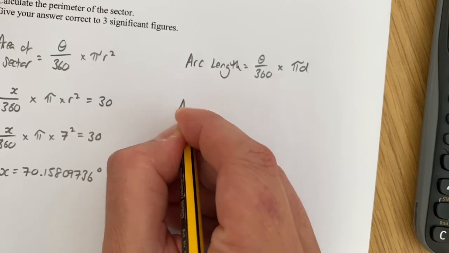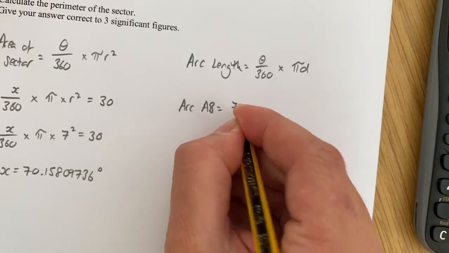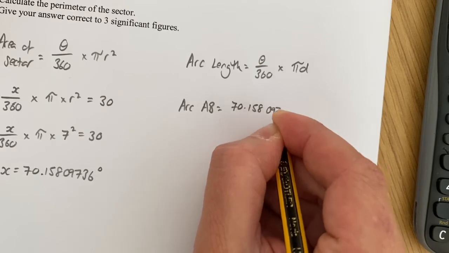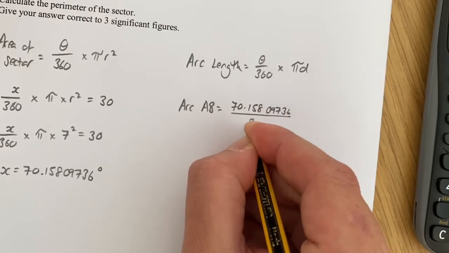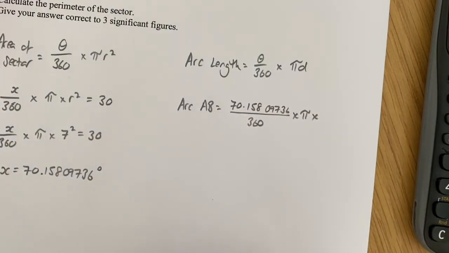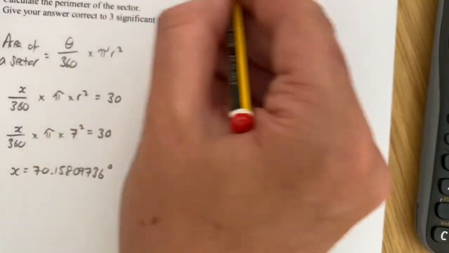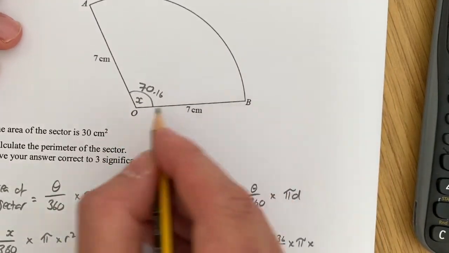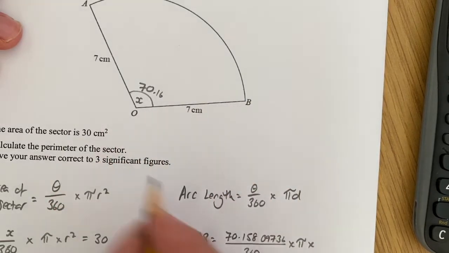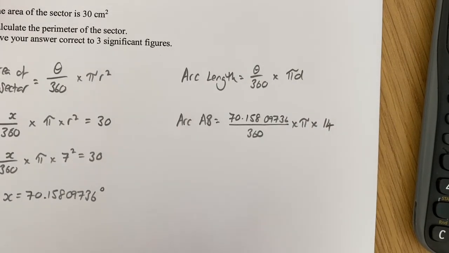Arc AB is going to be 70.158097336 out of 360 multiplied by pi multiplied by the diameter of the circle. Remember, the diameter is two lots of the radius, so that is 14.